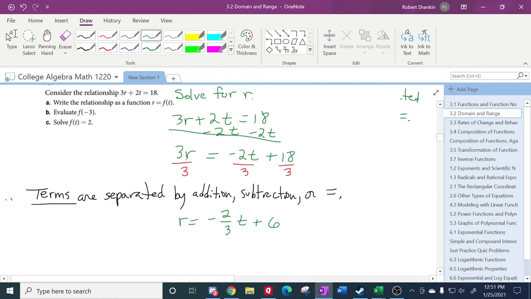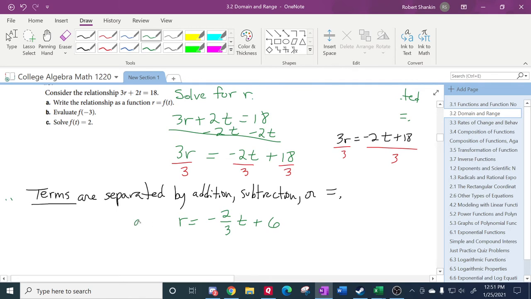Another alternative could have been taking 3r, dividing by 3, and just dividing the whole thing by 3. And then you could say that that's your function. That would have been okay too. But my favorite is over here, because I really like mx plus b format. Find out what the slope is and the y-intercept, very handy and useful. Okay, so that's the answer for A.